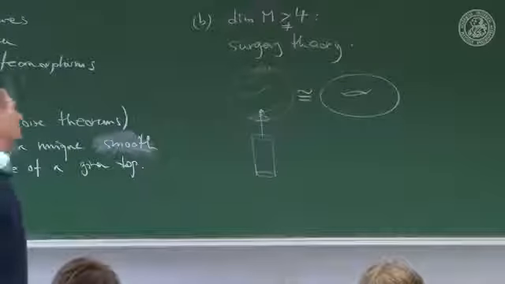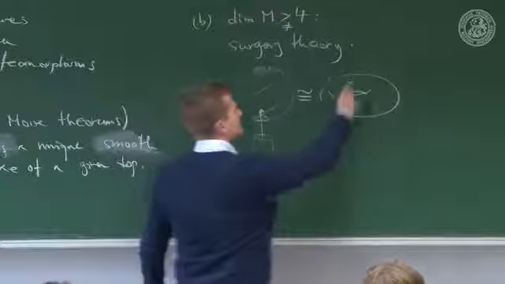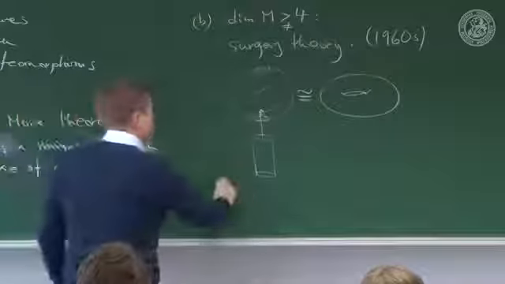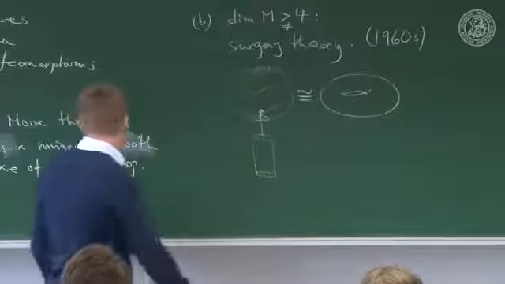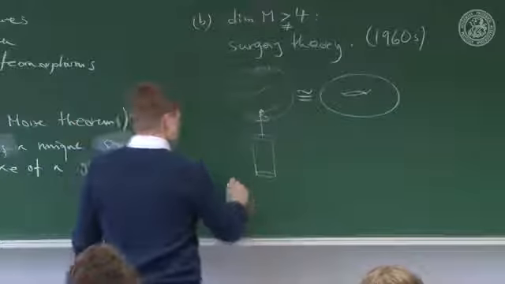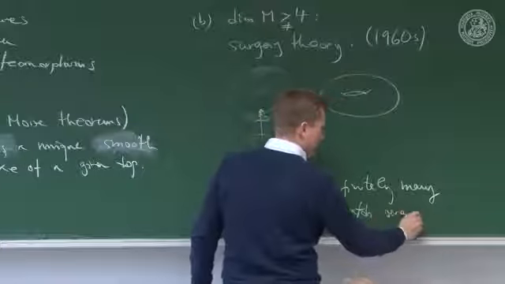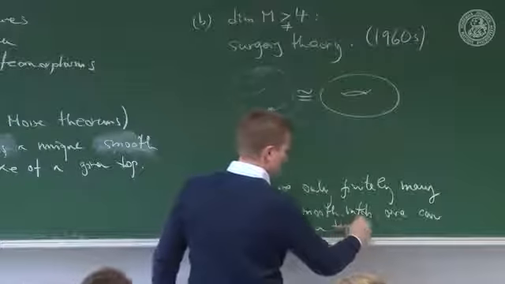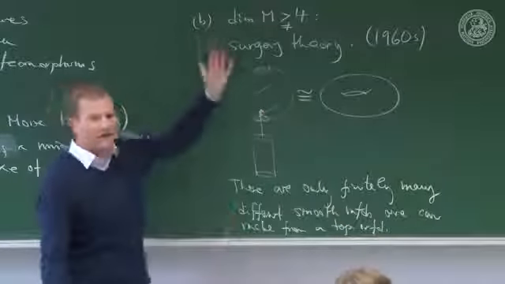And by doing this in a systematic way, I think it was in the 1960s, people showed that for dimension dim M greater than 4, there are only finitely many different smooth manifolds one can make from a given topological manifold, but the dimension needs to be greater than 4.